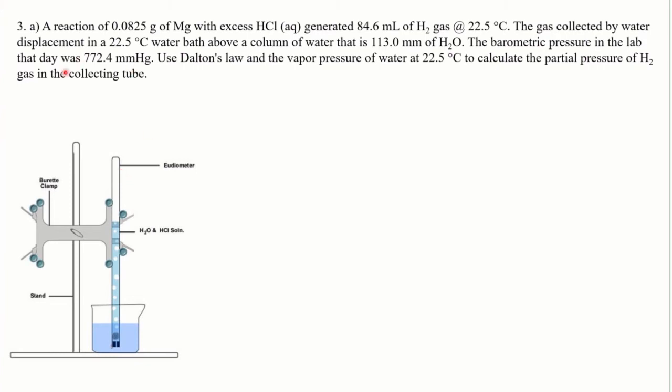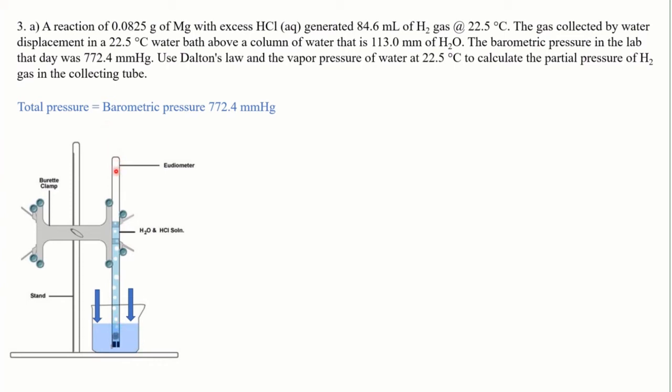So the total pressure that's acting on the system right now is the barometric pressure. That's the total pressure acting on the surface of the beaker, and that is our 772.4 millimeters of mercury. The pressure that's opposing this pressure is everything that's inside the eudiometer from the surface of the beaker up.